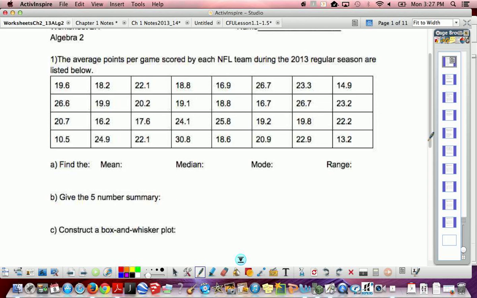So the best thing for you to do on this particular problem is to go to your stat key on your calculator and go under edit, and under the edit we're going to hit number 1. We're going to type in all this data into list 1.